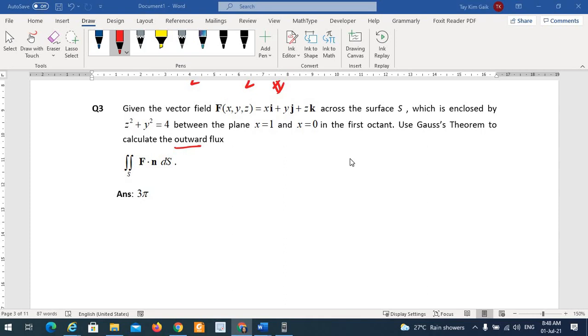Okay, normally the cylinder you see is x squared plus y squared, right? And the cylinder is vertical, because without the z variable, the cylinder is parallel with your z axis. And now this one without the x variable, your cylinder is actually parallel with your x axis.